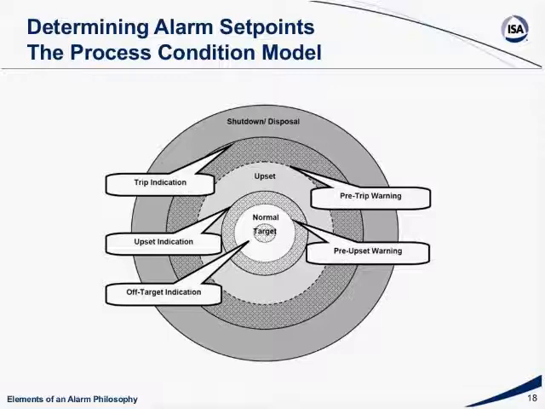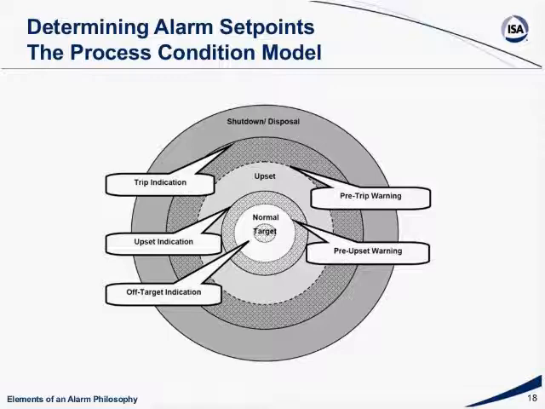But you do get into the pre-upset area, and that's where you want to have your first level of alarms. You're moving outside of the normal operating range, you're not quite to the upset level, and it's in that range that you want to assign the set point for typically your high or low alarms. Then you move into the upset area, and now your urgency is increased.